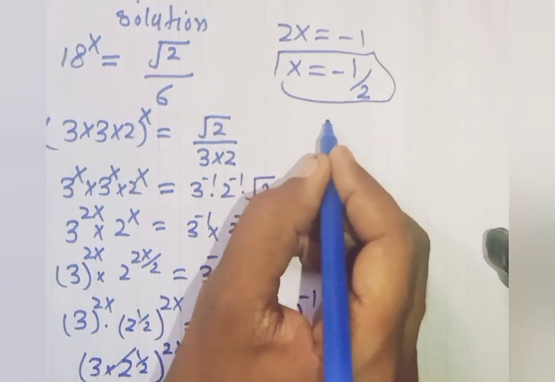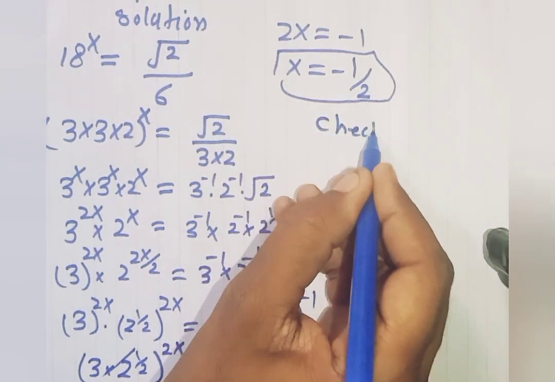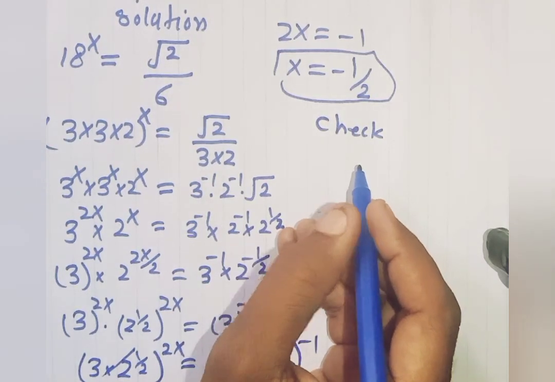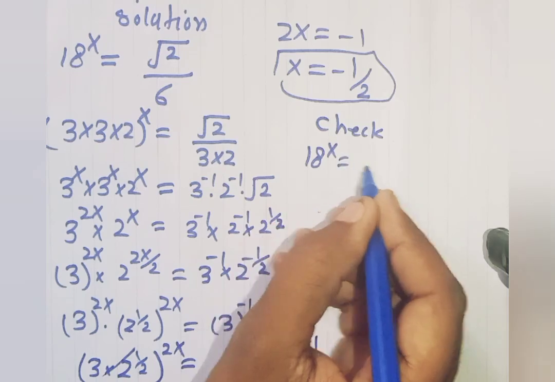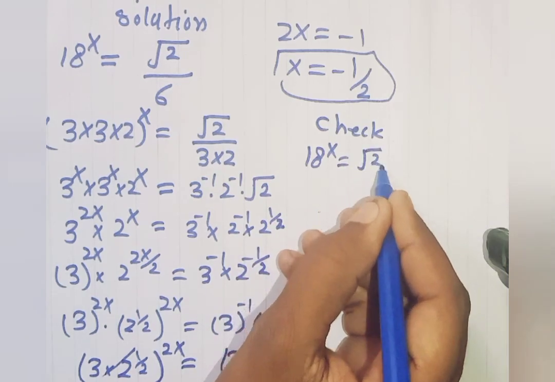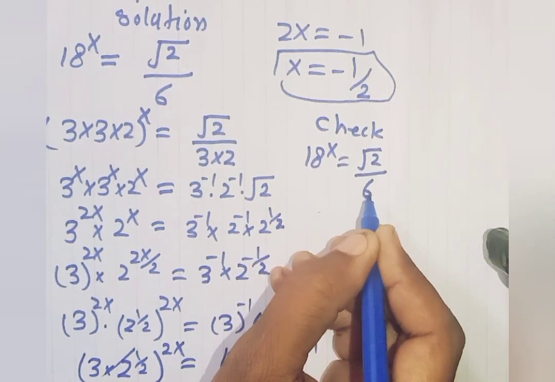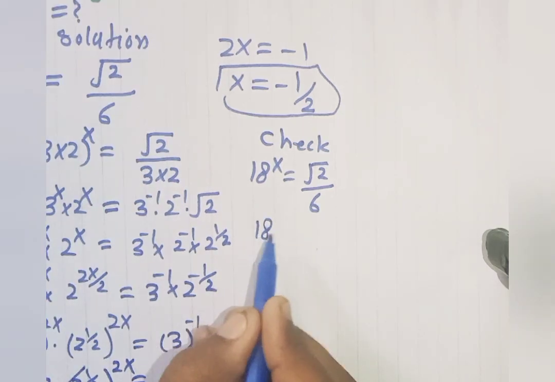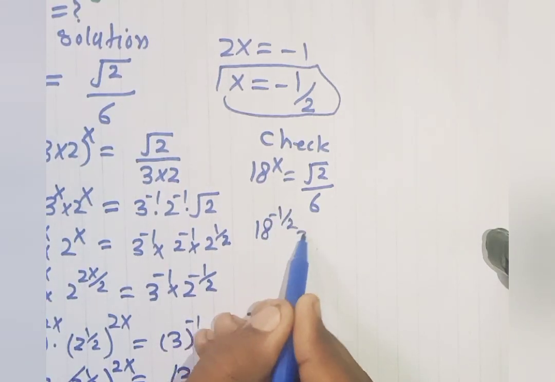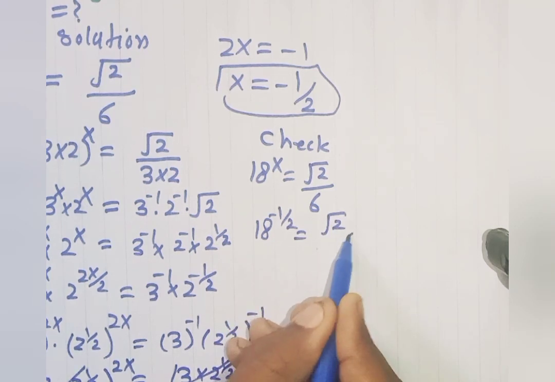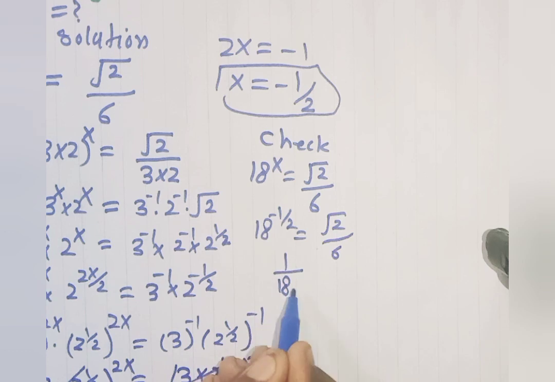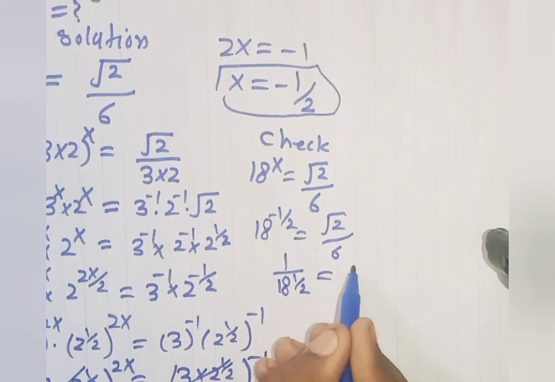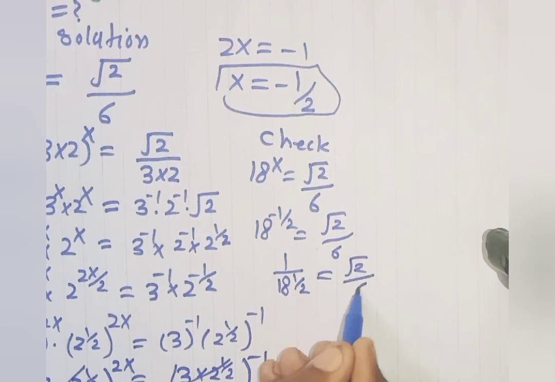If we check and verify, the equation is 18 power x equal to square root 2 over 6. 18 power minus 1 over 2 equal to square root 2 over 6. 1 over 18 power 1 over 2, equal to square root 2 over 6.